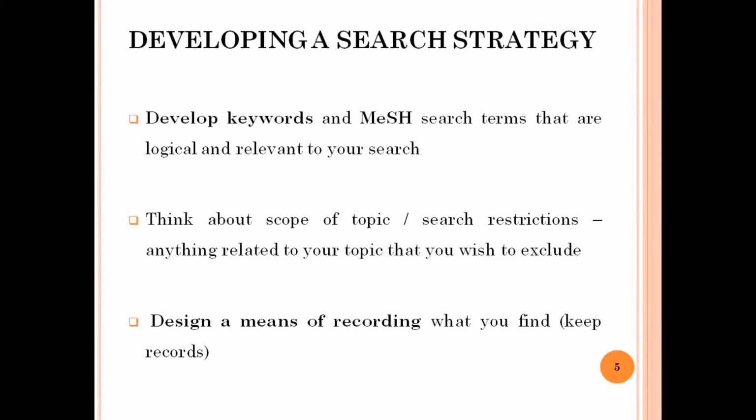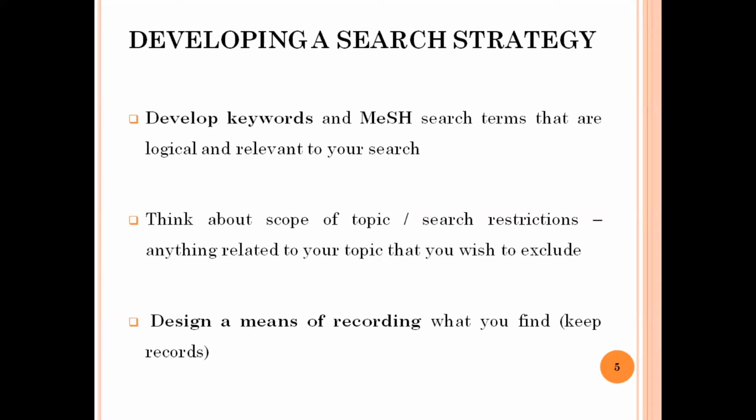To develop the search strategy, once you find out, you need to develop two things: your keywords and MeSH terms. MeSH search terms are specifically for those in the medical field, because I will later tell you more about which are more relevant to your search result.